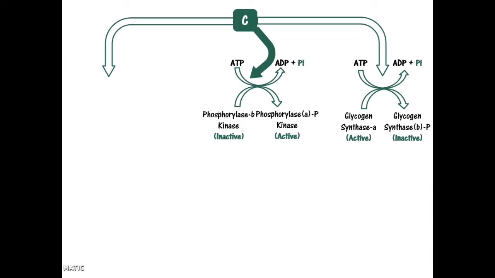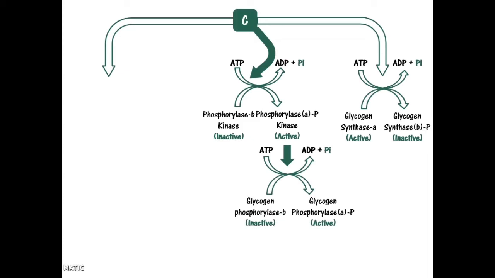Once this phosphorylase kinase is activated, it will activate glycogen phosphorylase B by phosphorylating it, forming glycogen phosphorylase A, the active form.